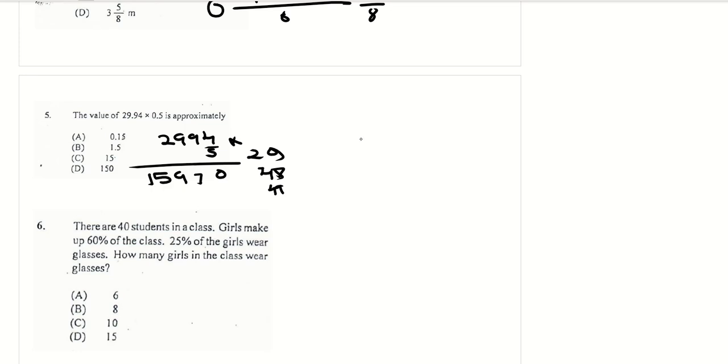So therefore this will have to shift. How many digits are there? 1, 2, 3, shifted 3 places. Right, so the answer would be 15 approximately. This is too little, this is too little, this is too much, so the answer is C. Right, and that's how you would get this.